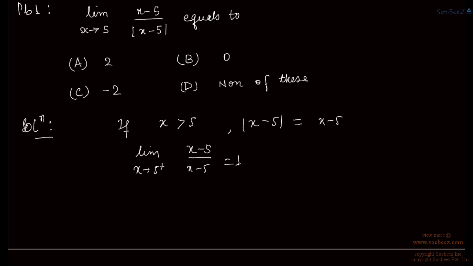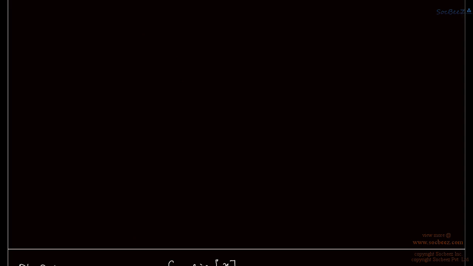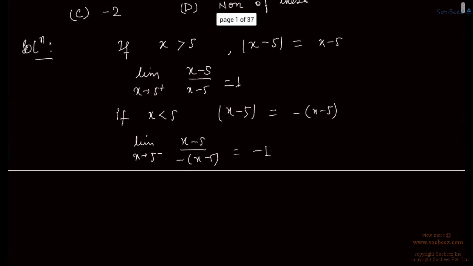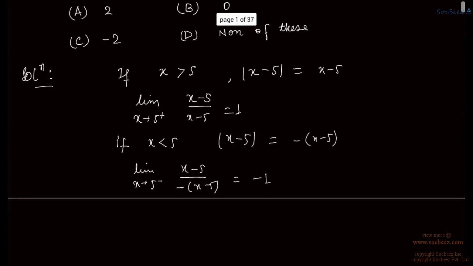But when x is less than 5, then mod of x minus 5 is not equal to x minus 5. It is equal to minus of x minus 5, right? So we have limit x tends to 5 minus of x minus 5 upon minus of x minus 5, which is equal to minus 1, right? So the two limits are not equal. Okay. So the limit does not exist at x equal to 5.